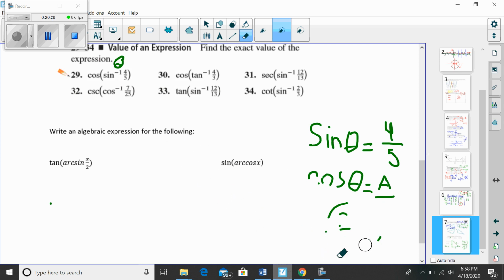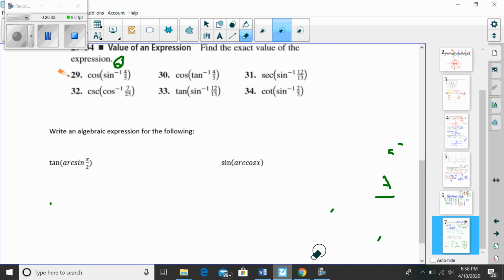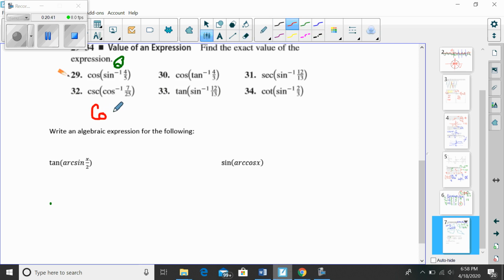So for 32, I know that the cosine of some angle, theta, which is adjacent over hypotenuse, is 7/25.